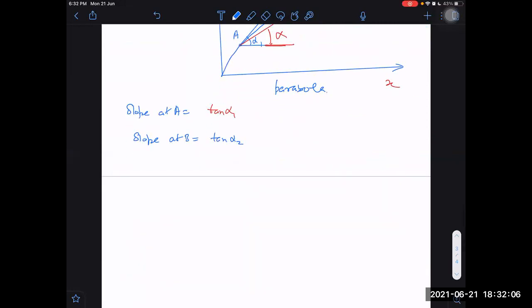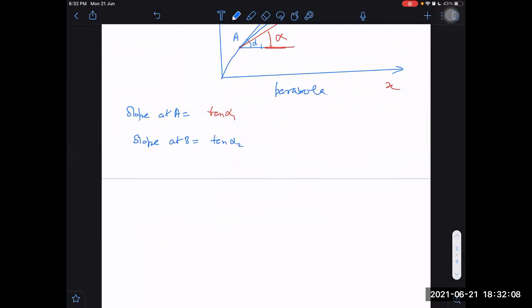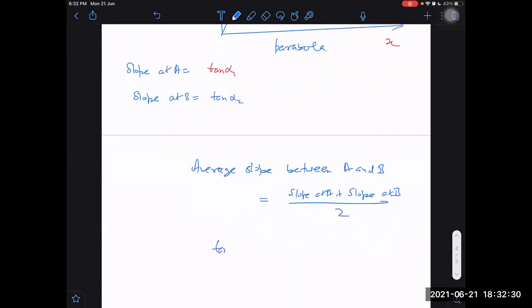Remember, for parabolas, always the average slope between A and B equals the slope at A plus slope at B divided by 2. Means tan alpha will be equal to tan alpha 1 plus tan alpha 2 divided by 2.